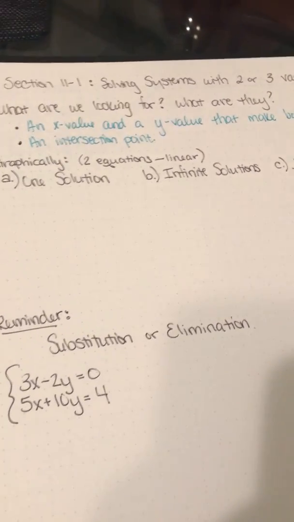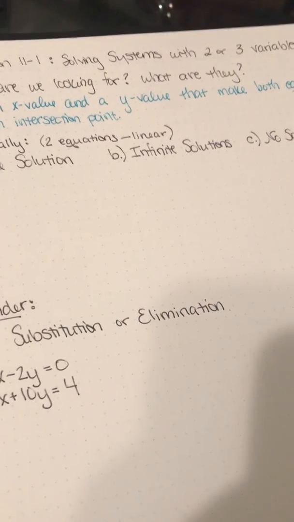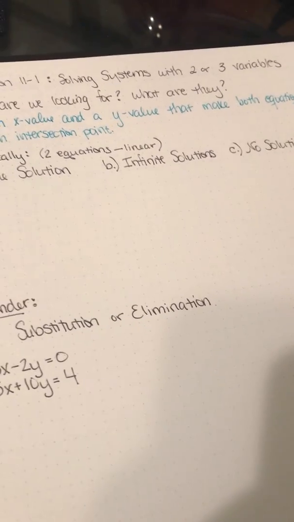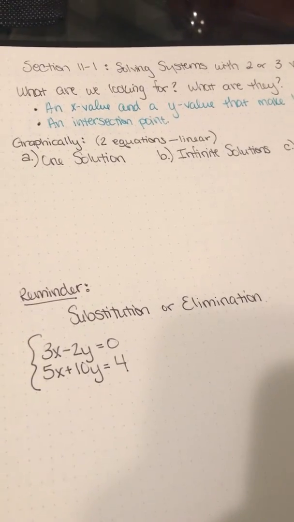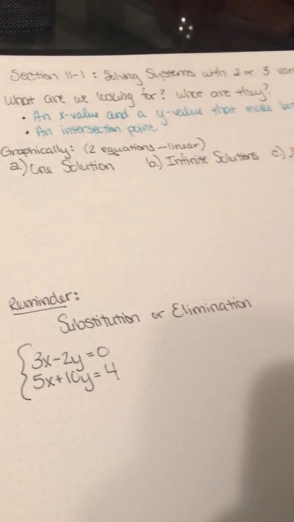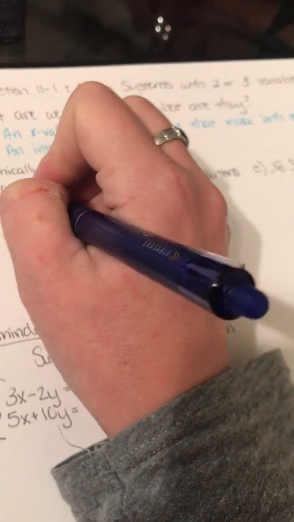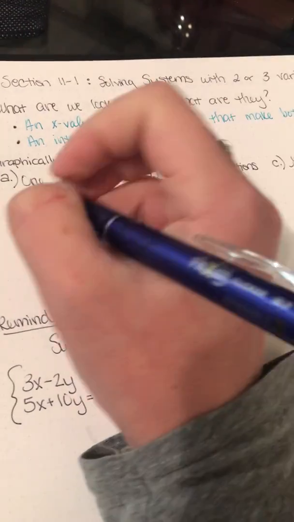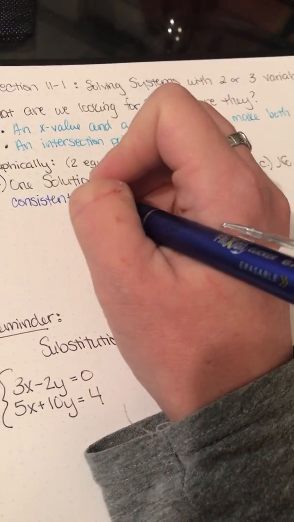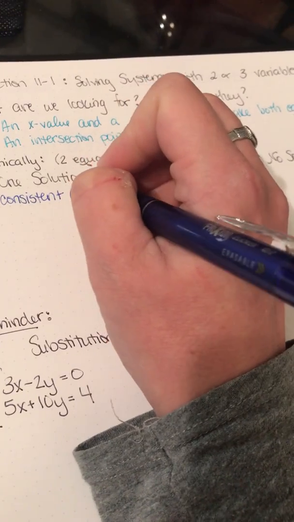So if I am talking graphically and you have one solution, we call these consistent independent systems. You guys have this on your notes already, but I wanted to write it in a different color. It's called consistent because a solution exists.